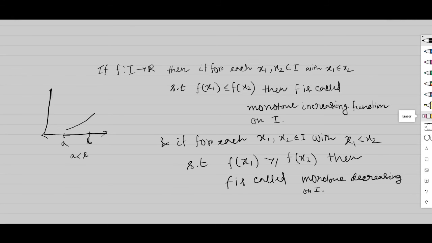One arbitrary point on the curve is x comma f(x), where f(x) is the point on the y-axis, so 0 comma f(x).